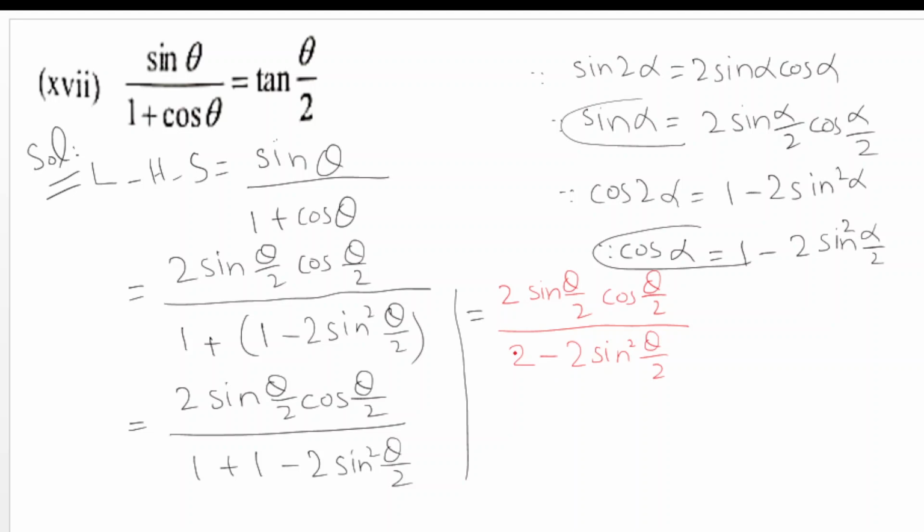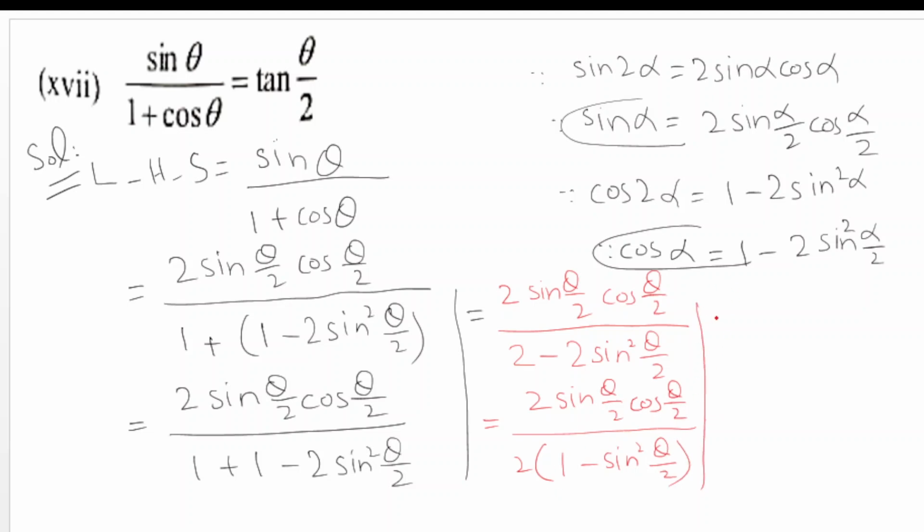Yes, so it will be 2 sine theta by 2 again and then cos theta by 2 here, and at down we need to take common 2 here, 1 minus sine square theta by 2. You know this 1 minus sine square theta by 2, that will be equal to cos theta by 2.